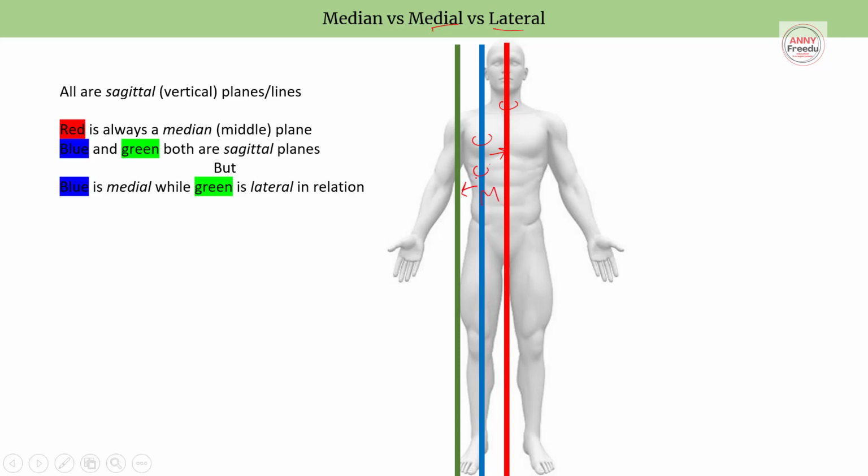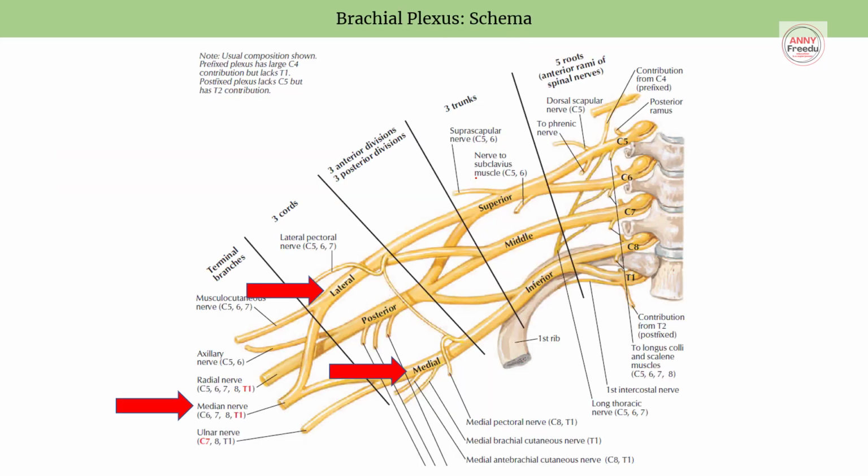So basically here we have a summary: of all our sagittal or vertical planes and lines, red is always the median, middle plane. Blue and green both are sagittal planes, but blue is medial while green is lateral when we compare blue and green.